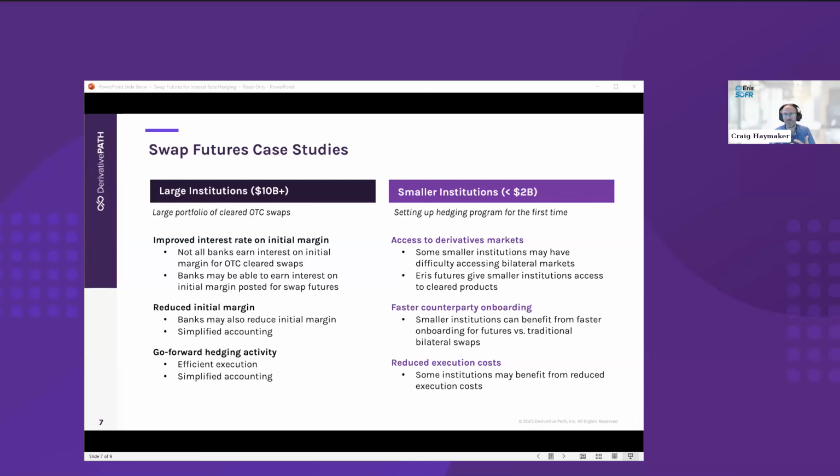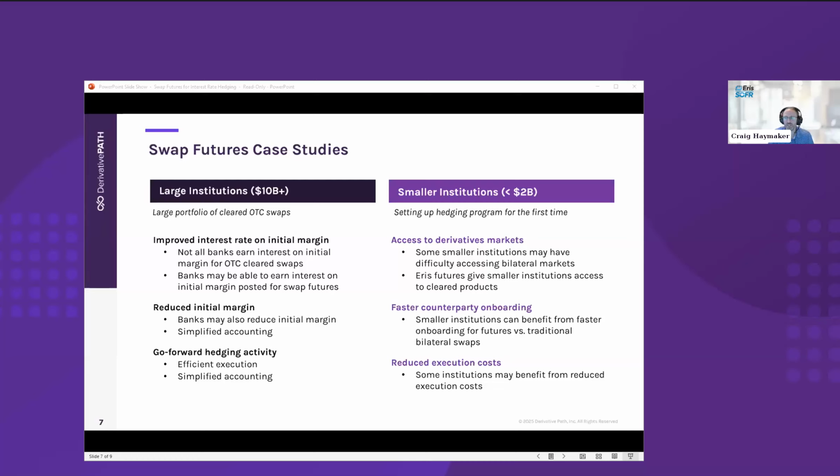The standardization fundamentally of these products concentrates liquidity. The bid-ask is super tight. And if you have a smaller institution that maybe is able to get an ISDA off the ground with said dealer or dealers, their execution from a pricing standpoint may not be as tight. So swap futures offer a nice value proposition from that standpoint.